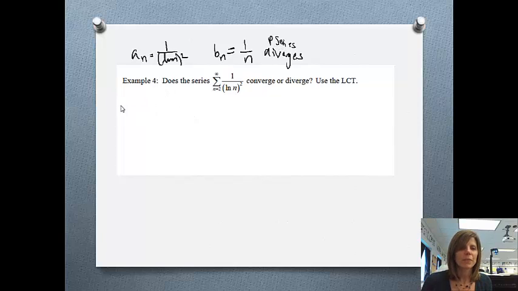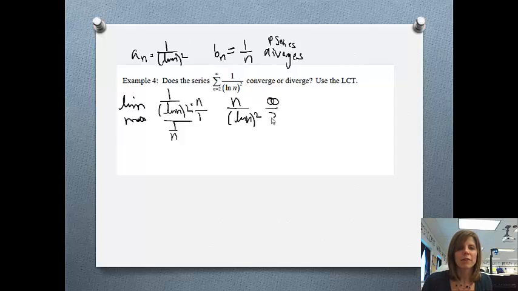So here we go. We're going to find the limit as n approaches infinity of a sub n over b sub n, and I'm going to multiply by the reciprocal, so I'll get n over (ln n) squared, and then if I try to approach infinity, I will get infinity over infinity, so that allows me to use L'Hopital's rule. So this is the limit as n approaches infinity.